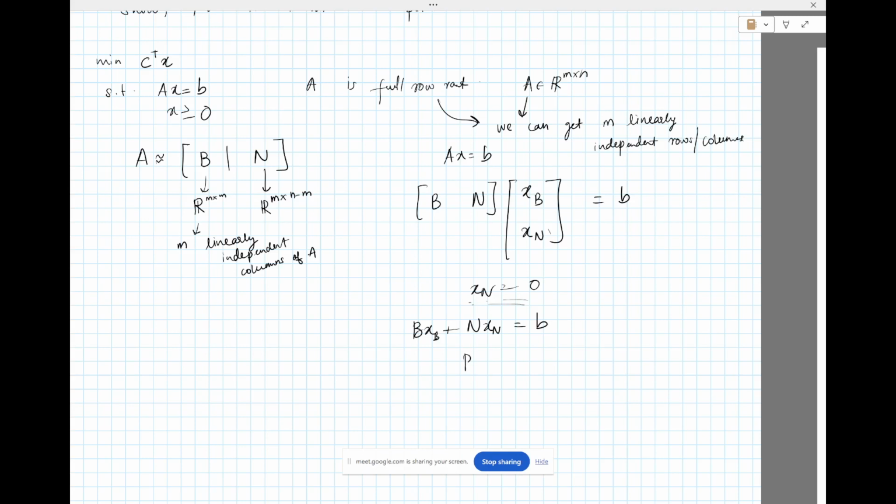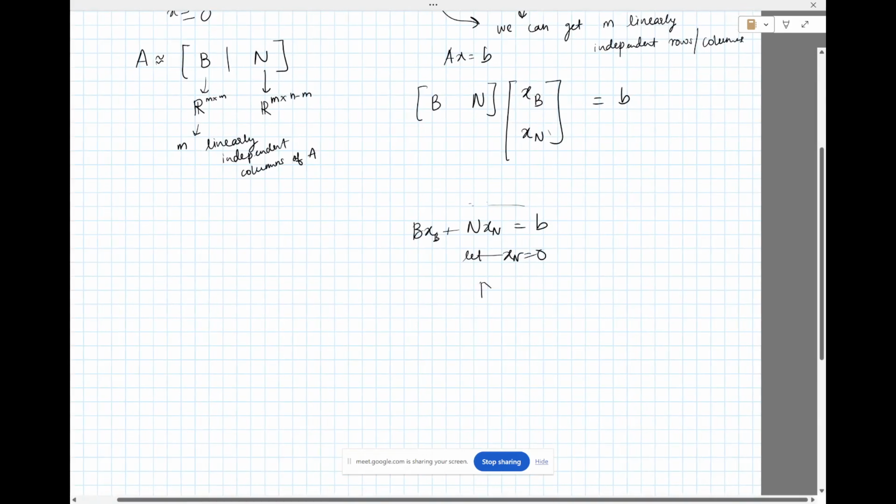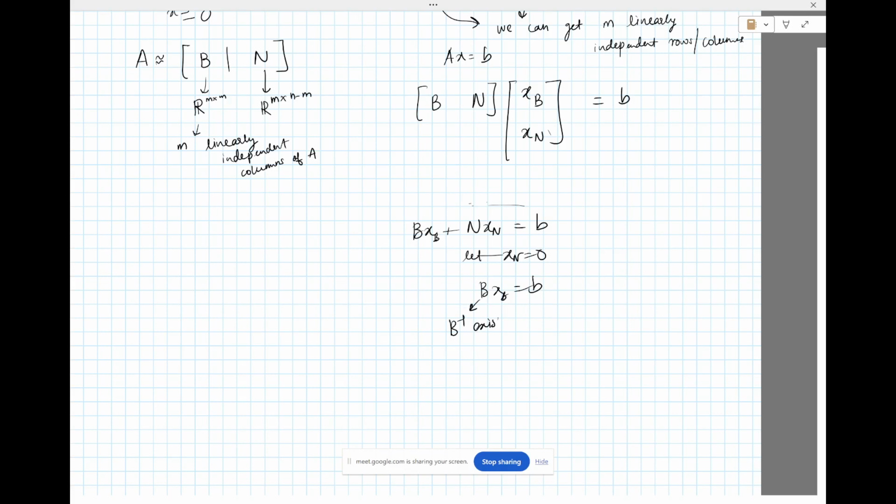Then you get B xB equal to b, and because B inverse exists, why?